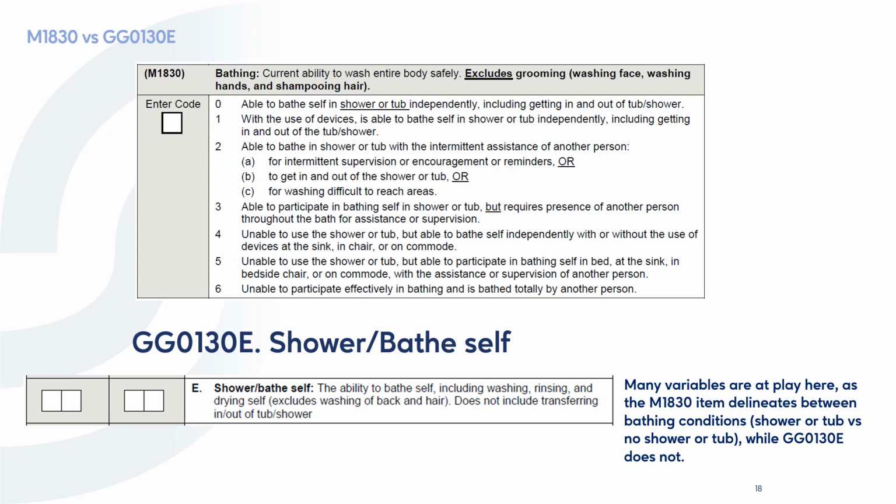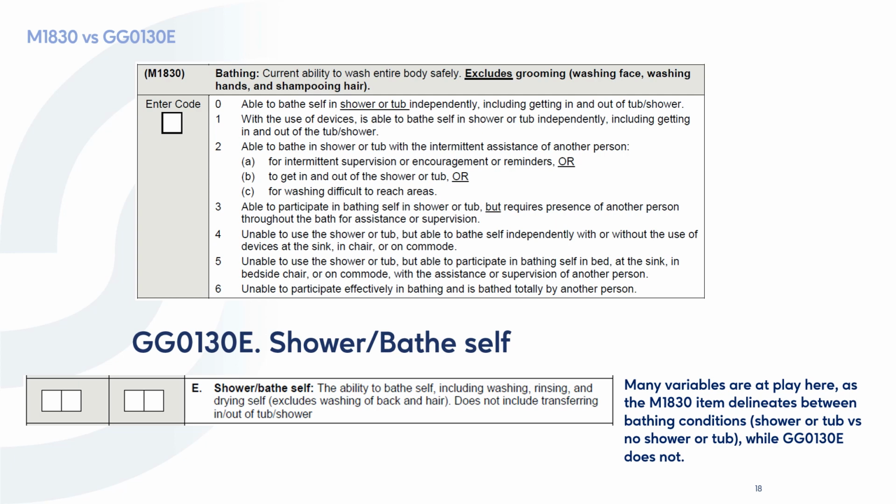Here's another one, your bathing items, the M1830 versus the GG0130E. There are so many different variables at play with these items, especially the M1830. So many different conditions. The M1830 delineates between your bathing conditions. Are you in a shower? Is it a tub? Or is there no shower or tub? While GG0130 doesn't care.